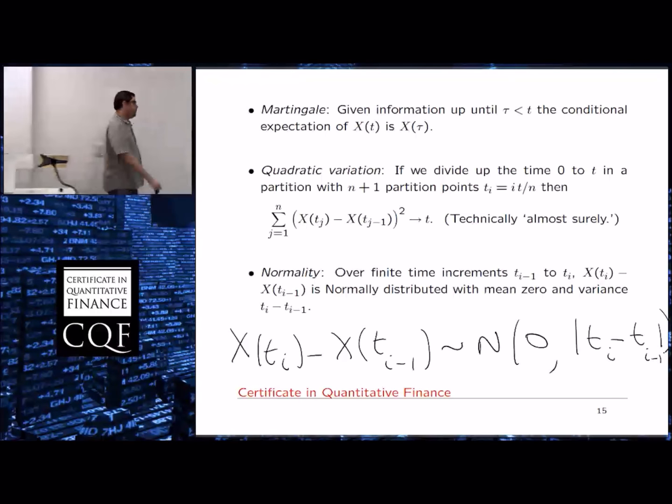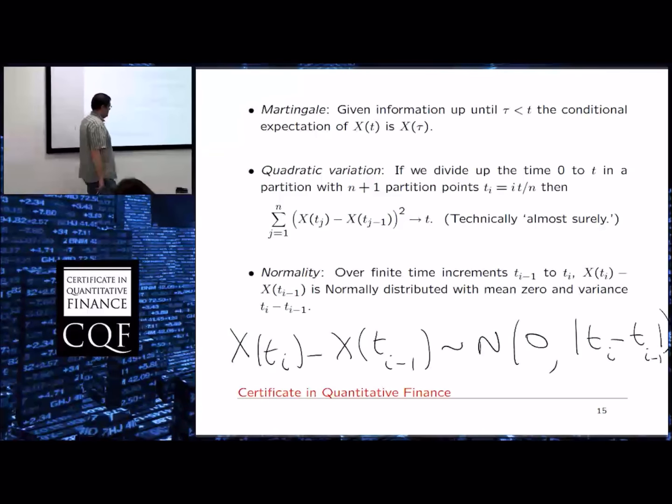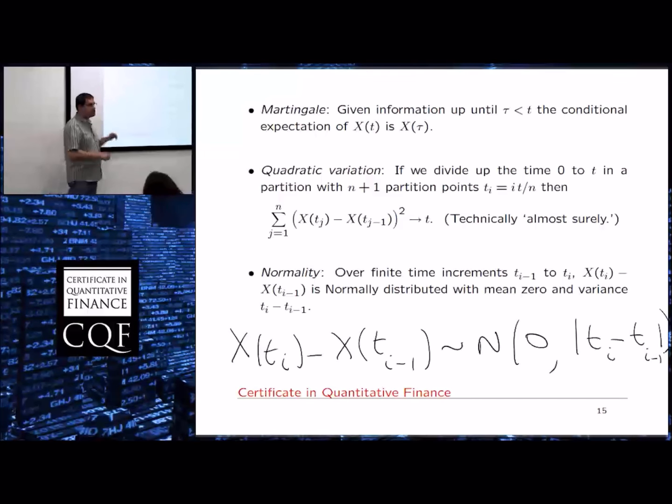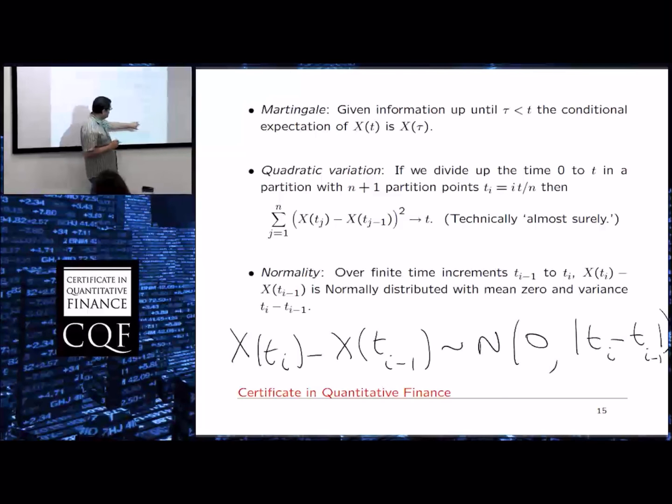Now you may be wondering, why have I put an absolute sign there? It's just the general convention, even though we know that ti here is larger than ti minus 1. So normally distributed, mean of 0 and a variance of whatever the time step is.